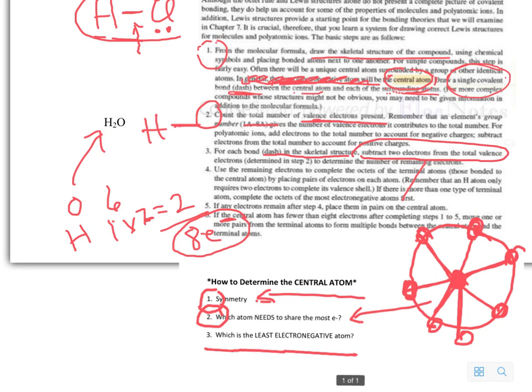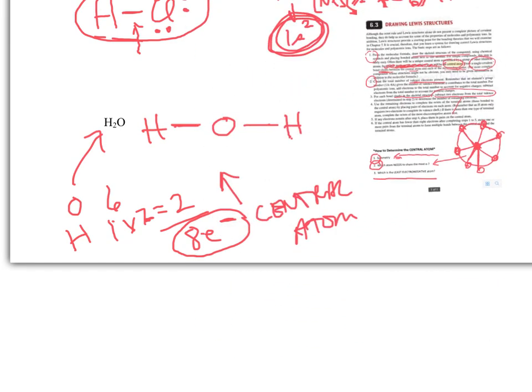Those are the leftovers, the lone pair electrons we have to put in. We had 8 valence electrons, and I've already used up 2 and 2 for my single covalent bonds. So subtract 4, that leaves me with 4 electrons left over to put in as lone pairs.